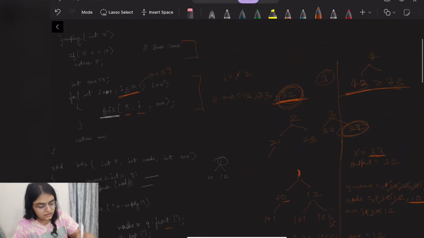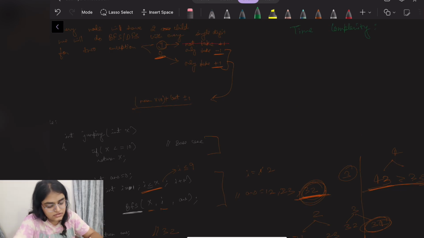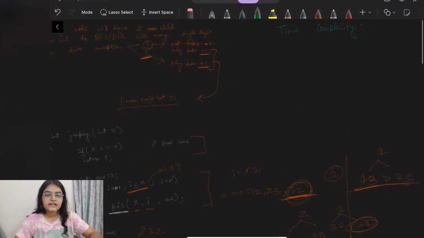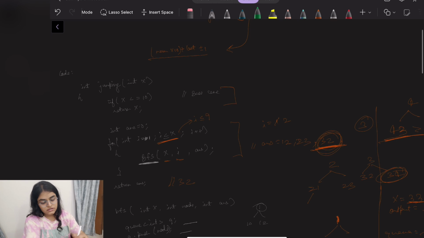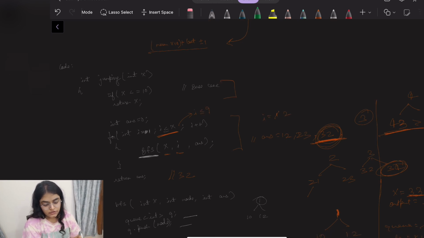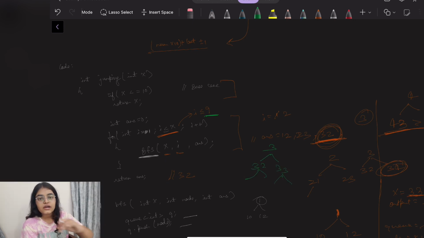Before coding, let's also discuss the time complexity. The number of nodes that you are taking will be the time complexity. But here, we are not making nodes for all the numbers. You see, it's only till 9. And if we are taking 3, then we are building 32, 33. We are only jumping directly to the numbers that are actually jumping numbers.